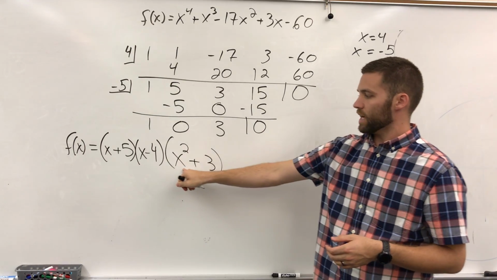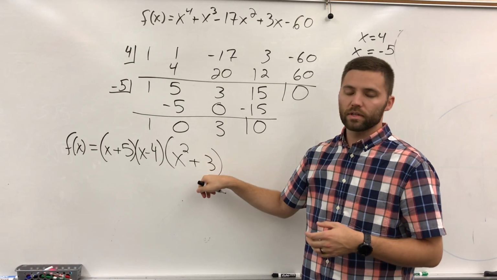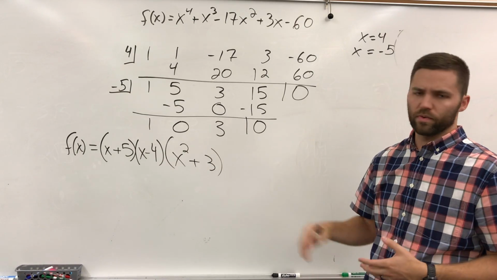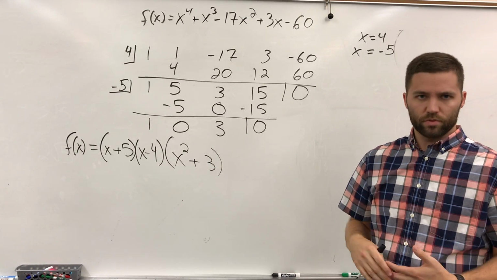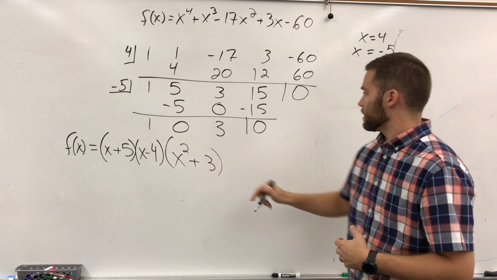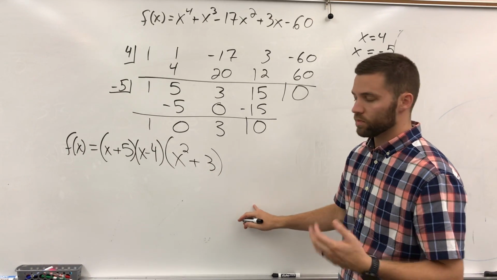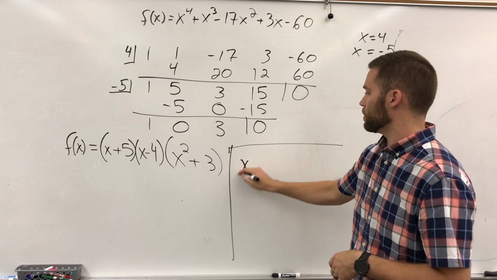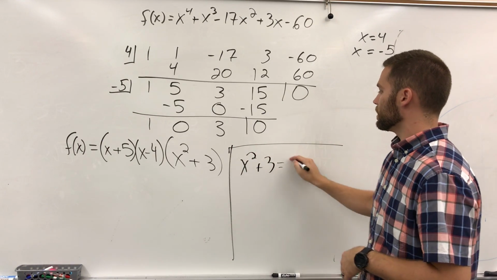We need to figure out what the other zeros are. So we're going to take this other factor that we just found, x squared plus 3. We could use the quadratic formula, but it's easier, I think, to just use what we know about solving equations algebraically. So we'll set x squared plus 3 equal to 0.